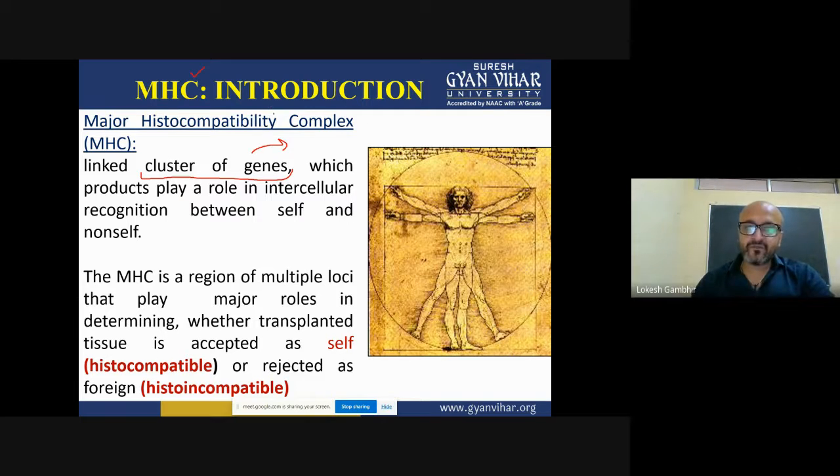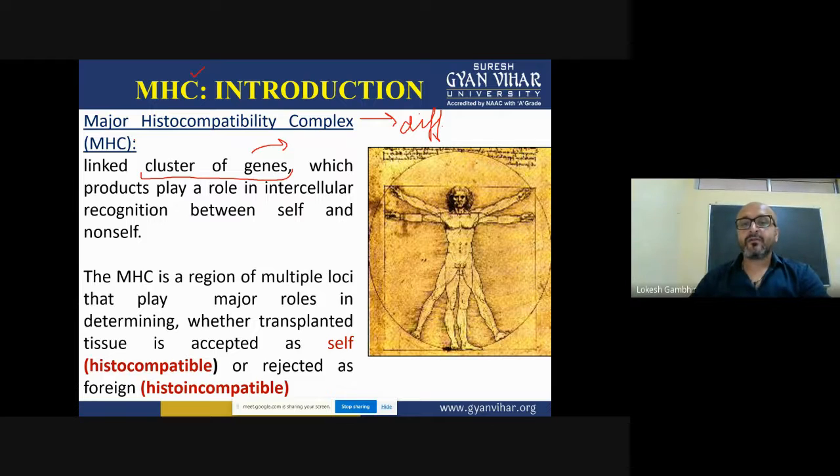And the major function it performs is to differentiate between self and non-self. How your immune system recognizes which is foreign and which is my own, that sensor point, that defining molecule, that molecule which puts an authority that this is from outside and this is from inside, that particular molecule is the MHC molecule.